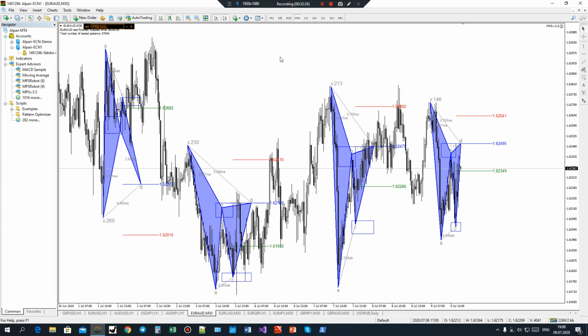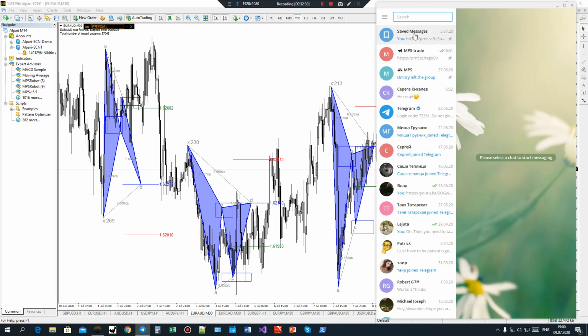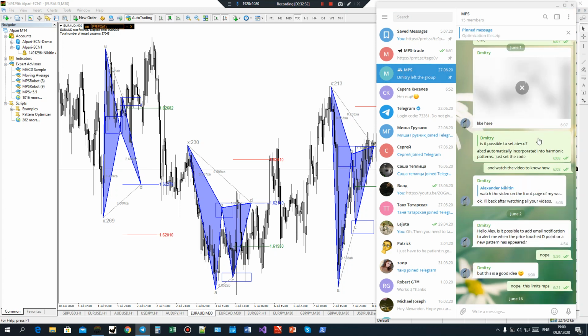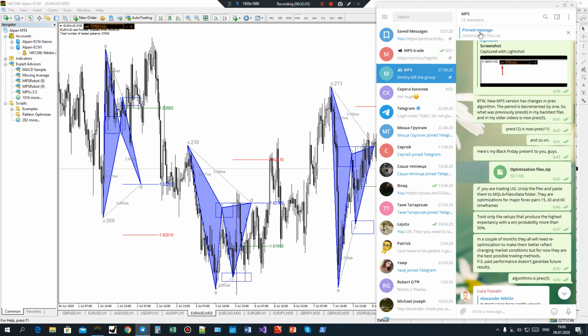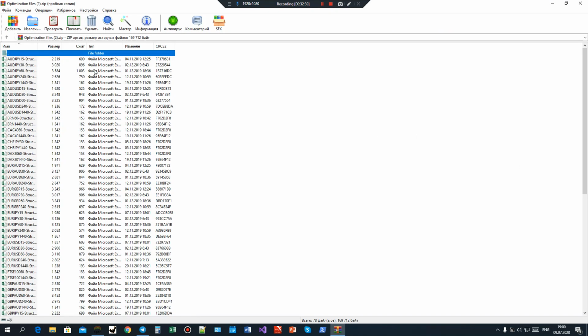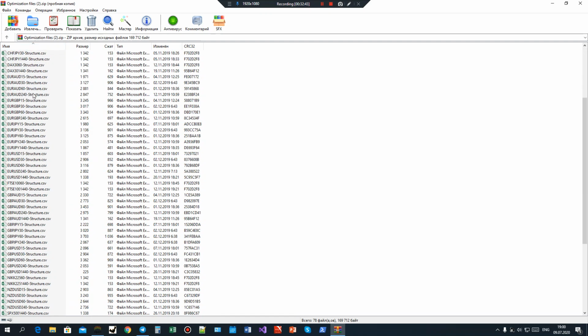And moreover, I created a special Telegram group for MPS patterns. Yes, and in this Telegram group, I share these files, optimized files for major pairs.